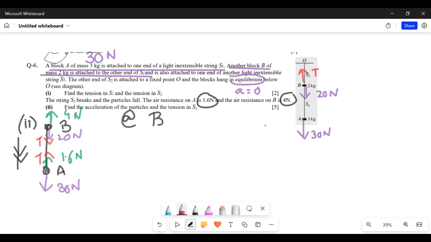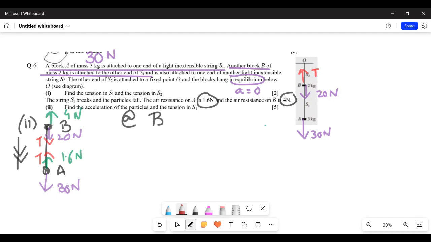And since it's a single string, the same string S1, I'm calling them both T and not T1 and T2. In part 1, the strings were different. So at B, there was a tension upwards for string 2, and at A, there was also a tension upwards, which was that of S1.